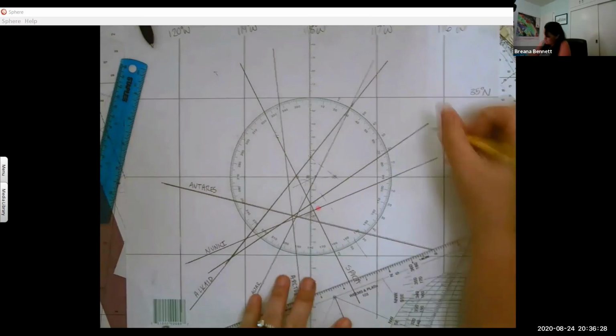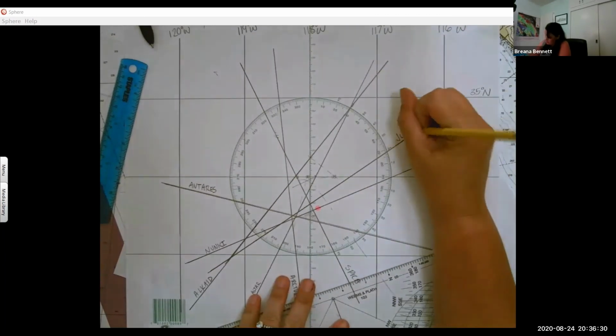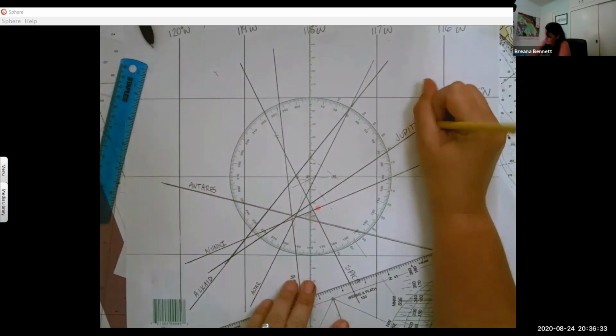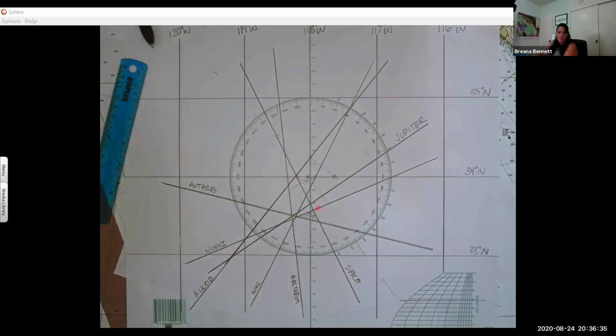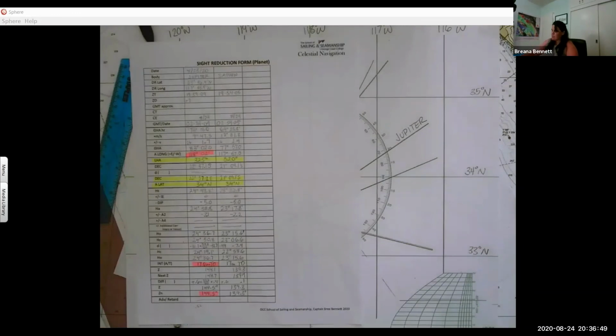So this was Jupiter. All right, last one, just to add to the confusion.